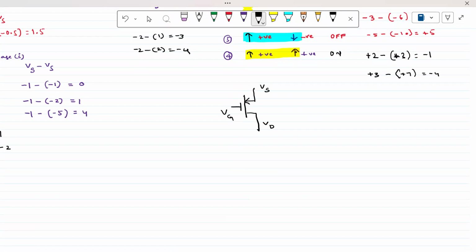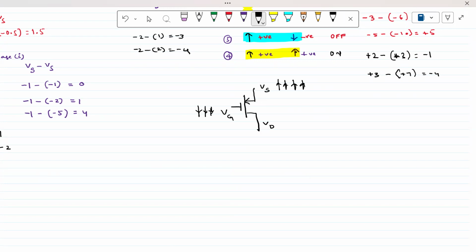Now see, what is the comparison between VG and VS? If the VG value is more negative, definitely the transistor should be on. And VS should be more positive. Am I right?